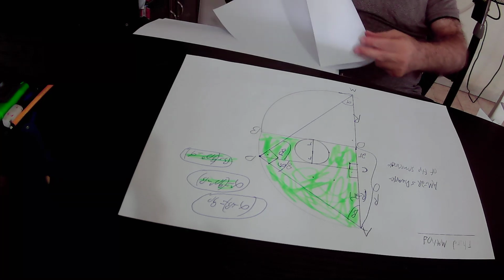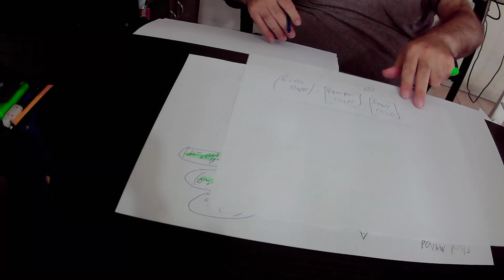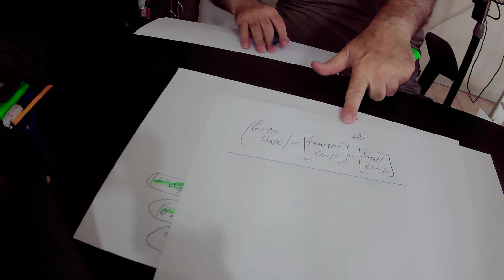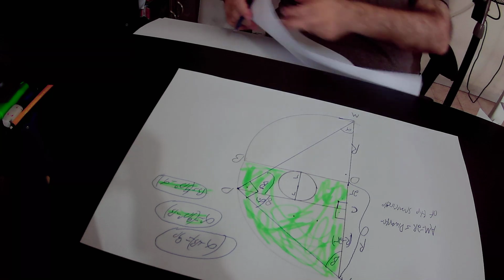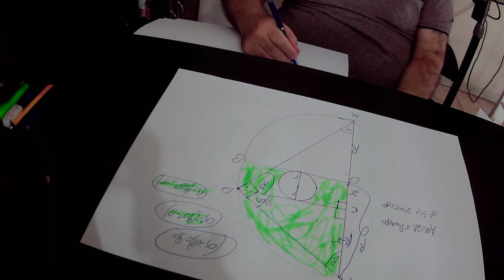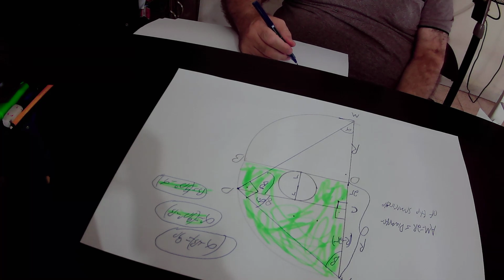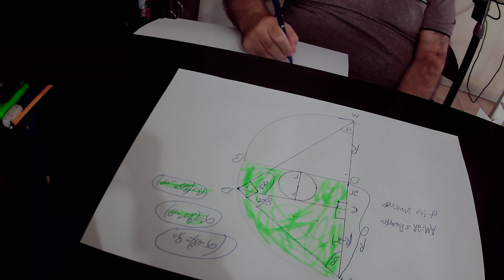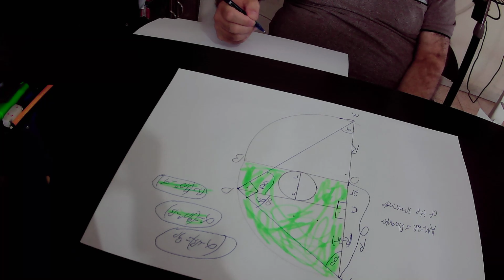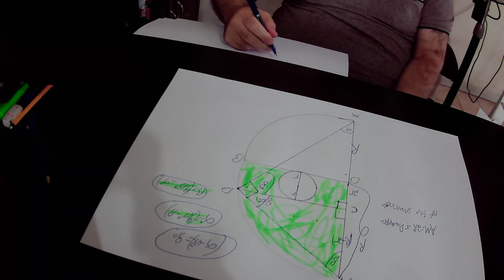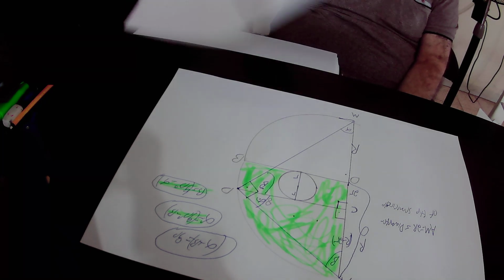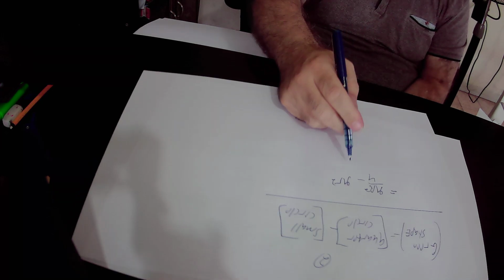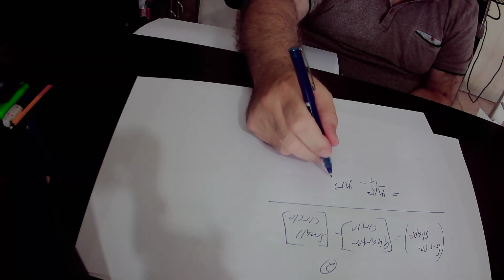The area of the quarter circle is the area of the circle over 4, that is pi capital R squared over 4, minus the area of the small circle, that is pi r squared, where r is the small r.